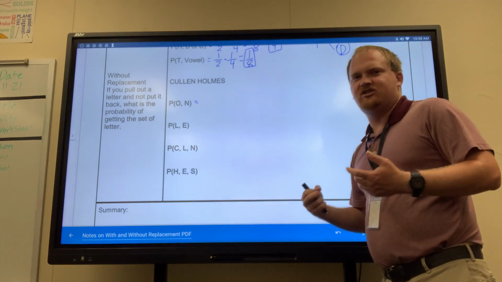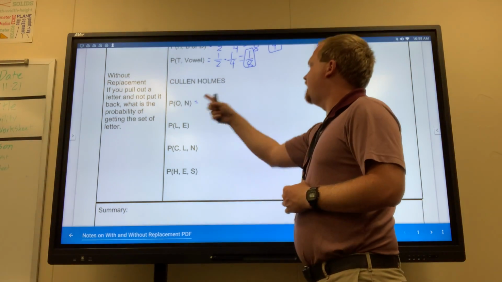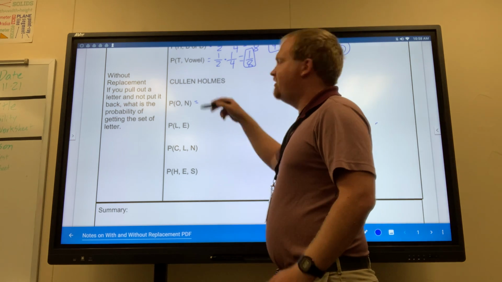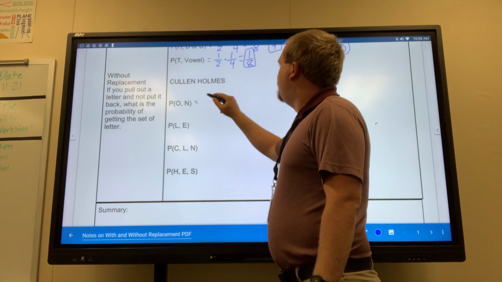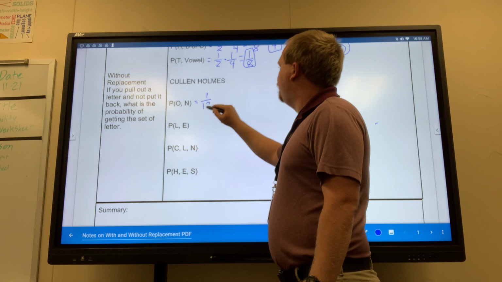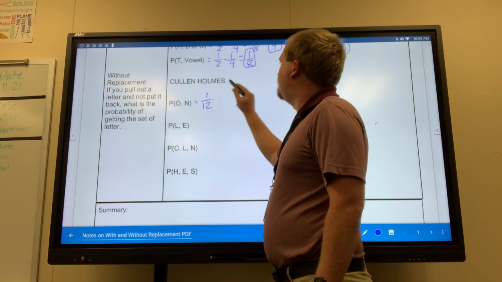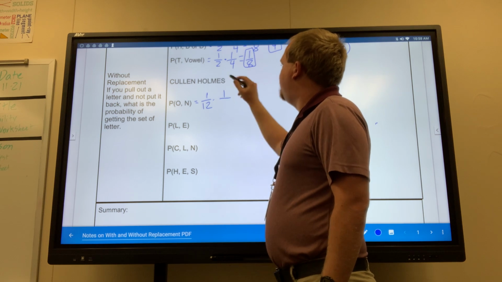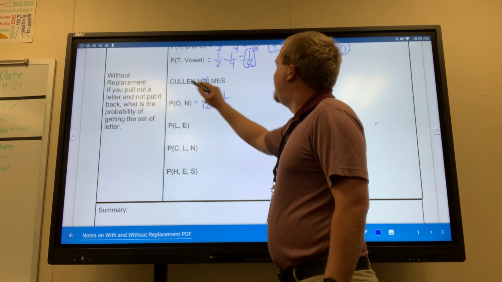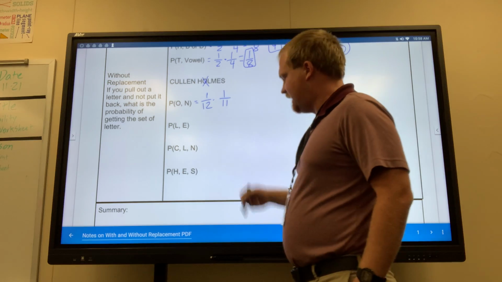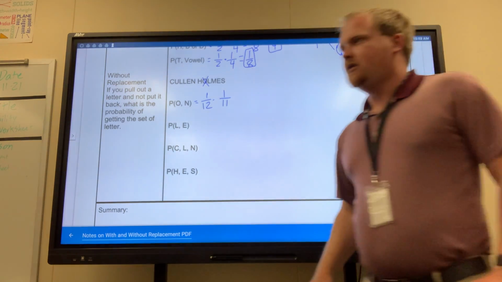So what's the chances of getting an O and then an N? Well, there's 1 O out of 12 letters. And let's see how many N's there are. There's 1. But remember, if I take out an O, I have 11 left. All right?